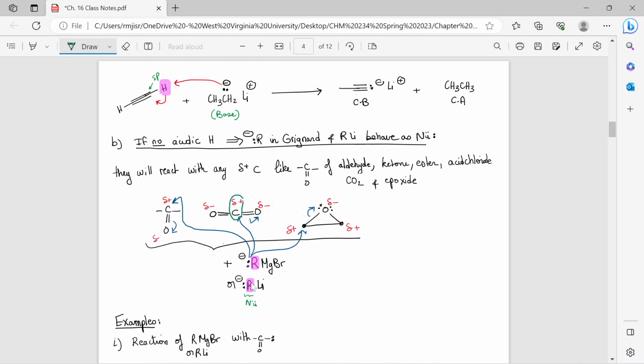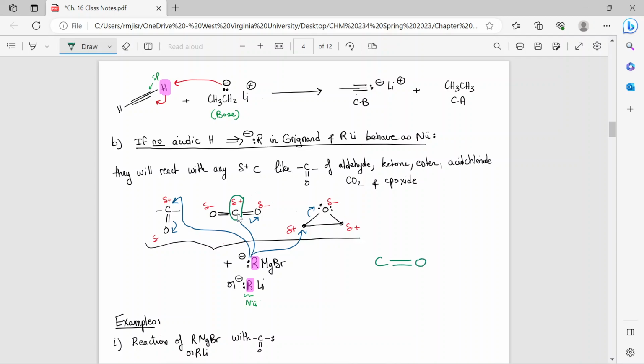In this case, the electrophilic site can be the carbon on the carbon dioxide. This is the electrophilic site. The way to know the electrophilic site is just to follow the direction of polarization.